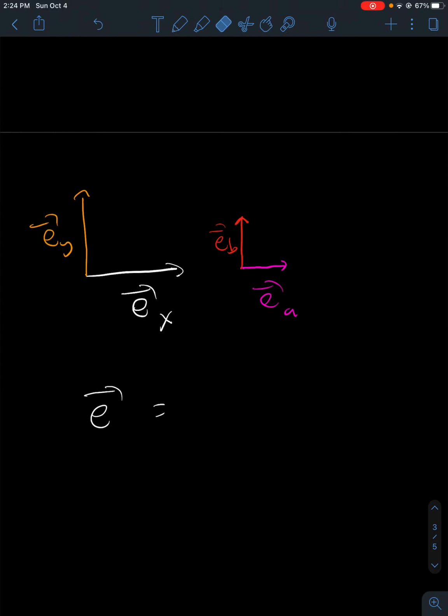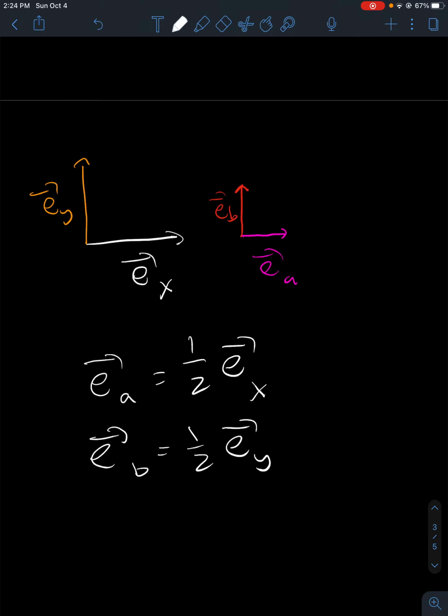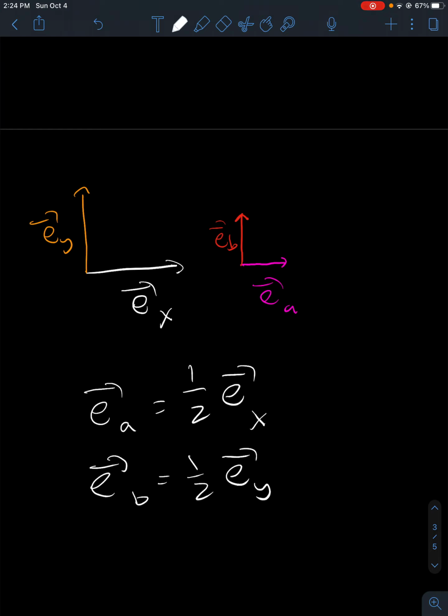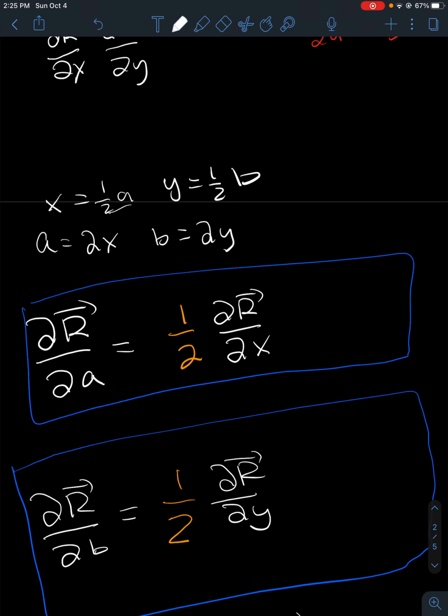EA equals 1/2 EX. And EB equals 1/2 EY. Great. So you can probably see, if EA equals 1/2 EX, then EX has to be twice EA. It's intuitive.